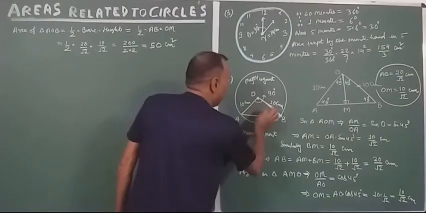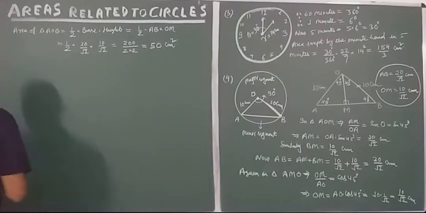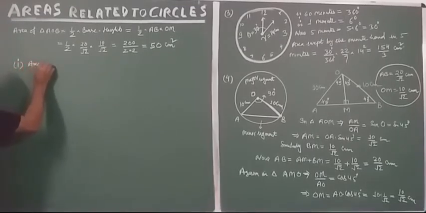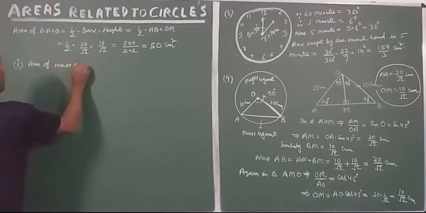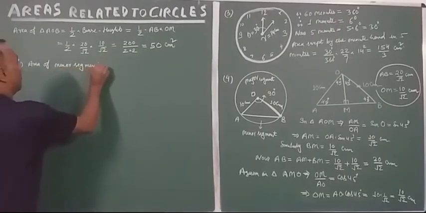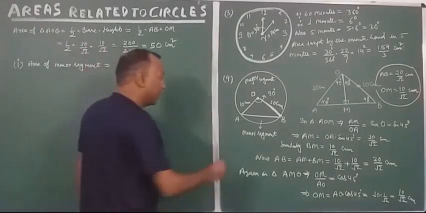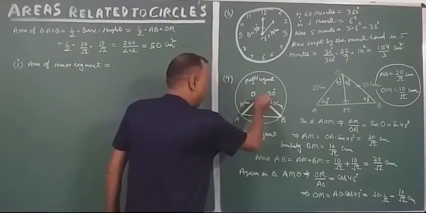Now the question is this: find the area of the corresponding minor segment. Now come to the main part of this question. Area of minor segment. So what will be the area of this minor segment?